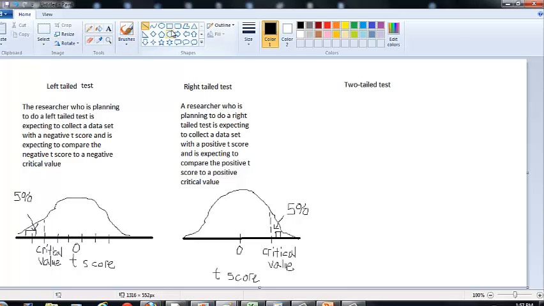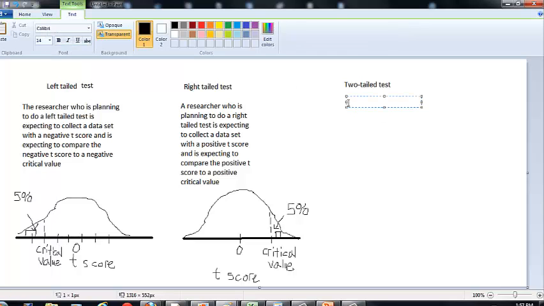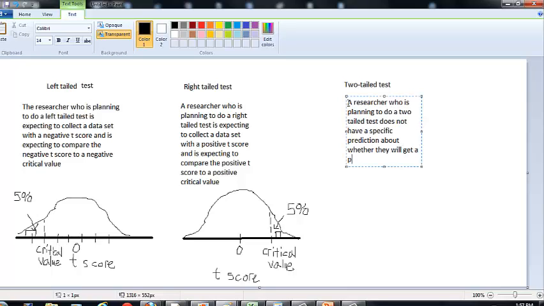There's also a two-tailed test. A researcher who is planning to do a two-tailed test does not have a specific prediction about whether they will get a positive or negative t-score.